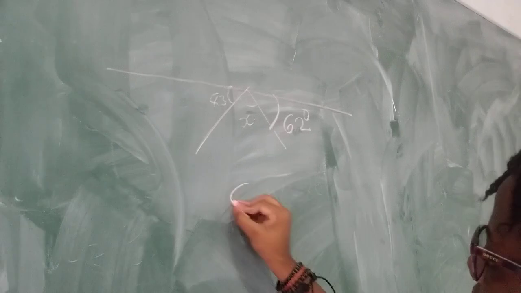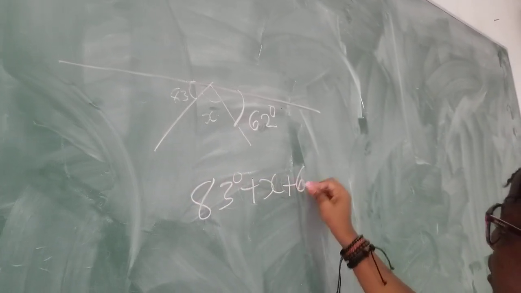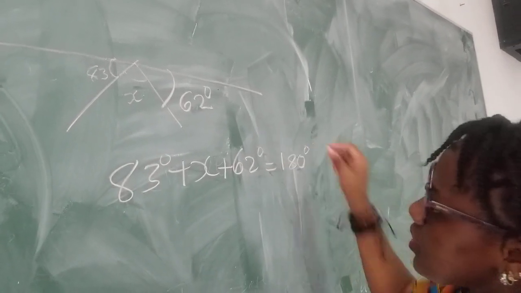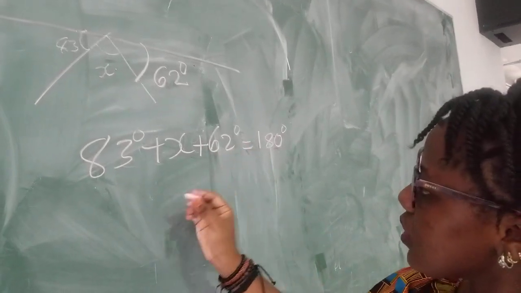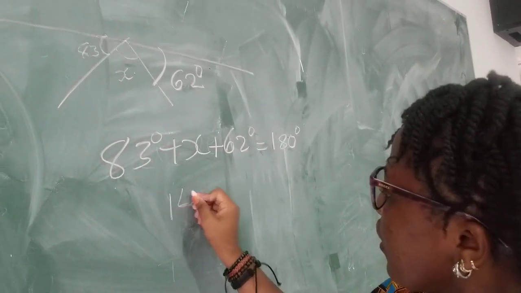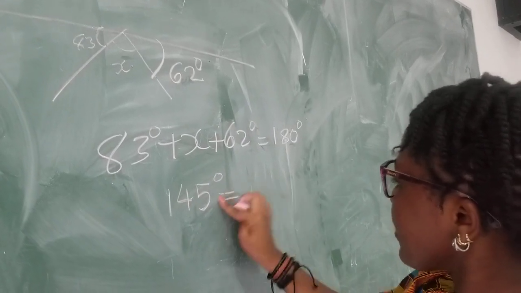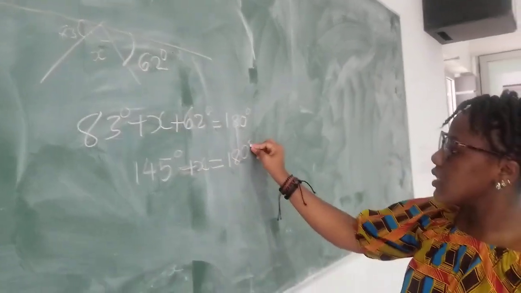So 83 degrees plus x plus 62 degrees should give us 180 degrees. When we sum 83 plus 62, that gives us 145 degrees, plus x equals 180 degrees.